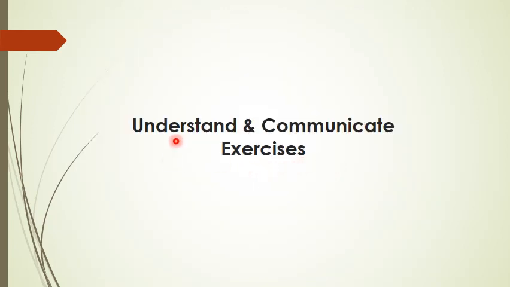Okay, since we have understood what are the kinds of sentences through definitions and through examples, let us move forward to our next objective, to practice some of the exercises of Understand and Communicate of lesson 18.